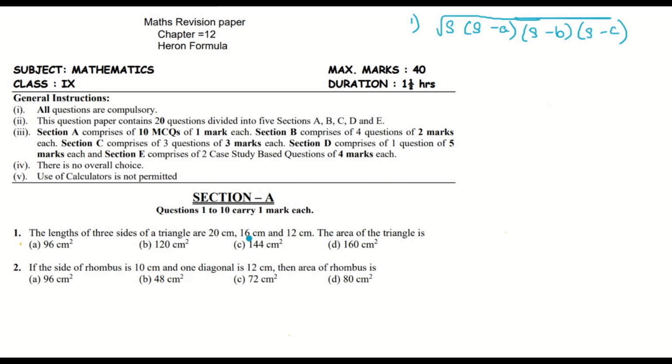First let's find the perimeter. 20 plus 16 plus 12, which is 48. The perimeter is 48, and the semi perimeter is half of it, which is 24.